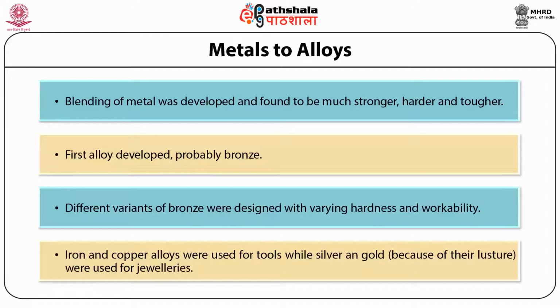These two metals were used in making jewelry, and possession of them was marked as an index of richness. On the other hand, iron, copper, lead, tin, etc., were considered to be base metals.